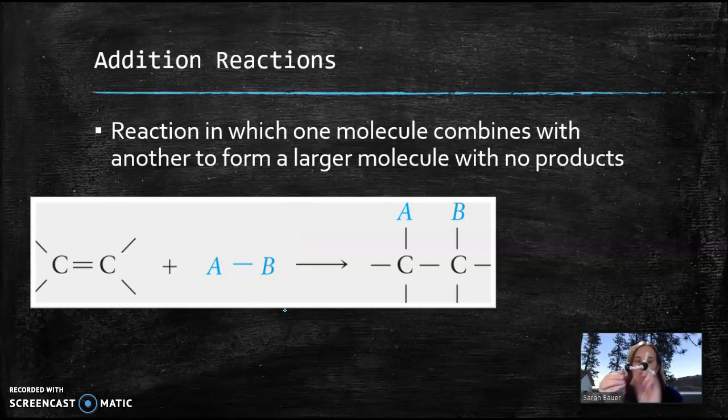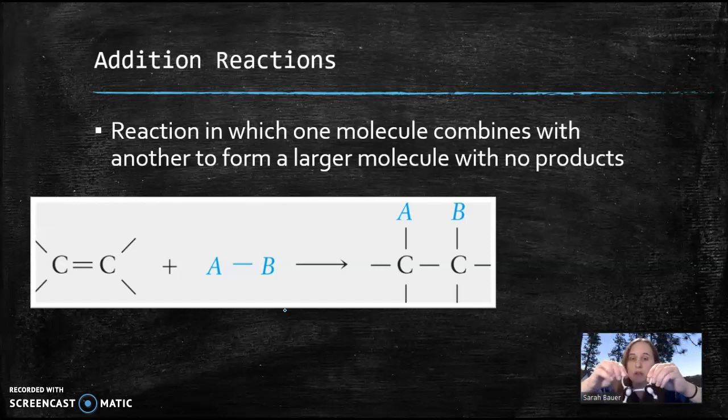Or if we wanted to look at it through a model kit, I have the double bond here, which tends to be less stable and therefore more reactive than single bonds. So if it opens up, let's see if I can do that, snap, satisfying snap. So I still have a single bond between the carbons, but now I have room for each of these carbons to bond to something new.